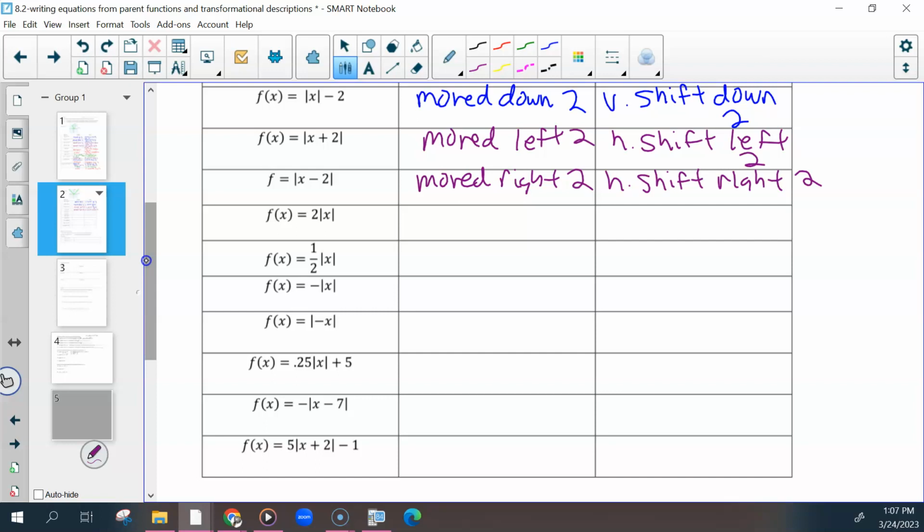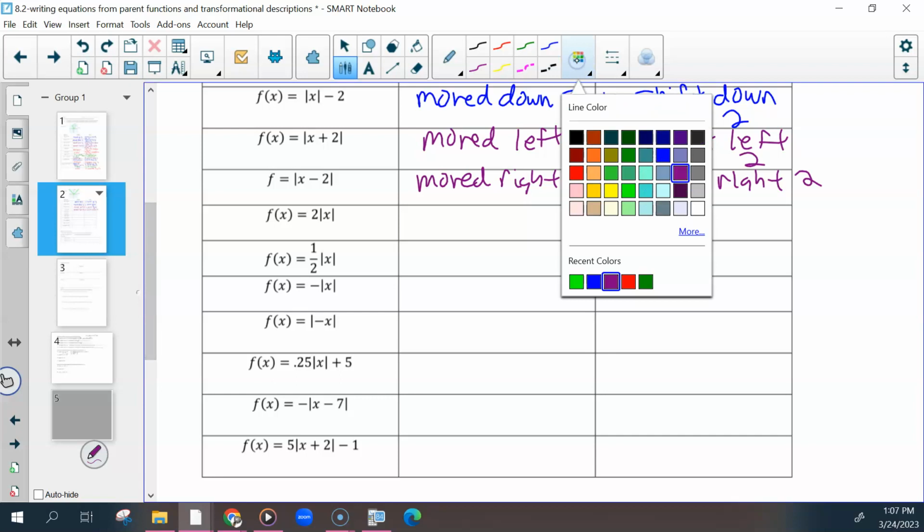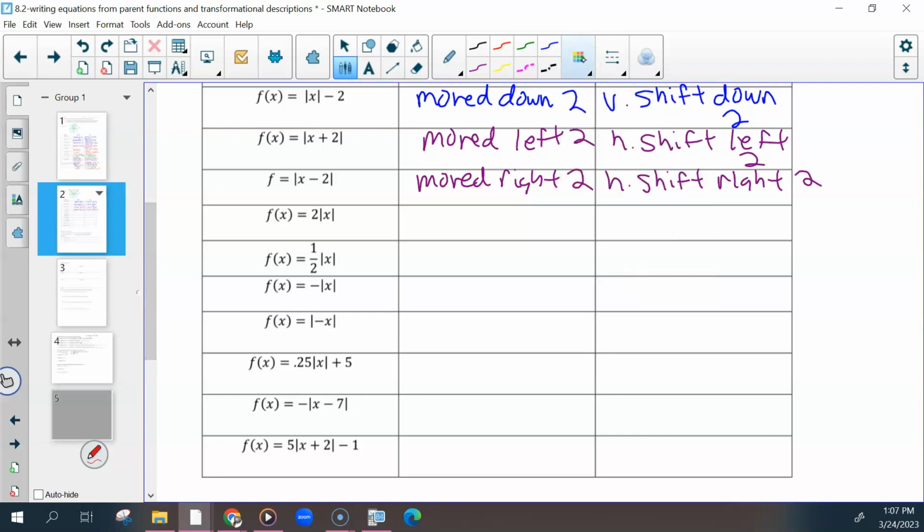The next one, graph or look back at your notes. It does get narrower. And that rule? Vertical stretch by 2 or by a factor of 2, either or doesn't matter.